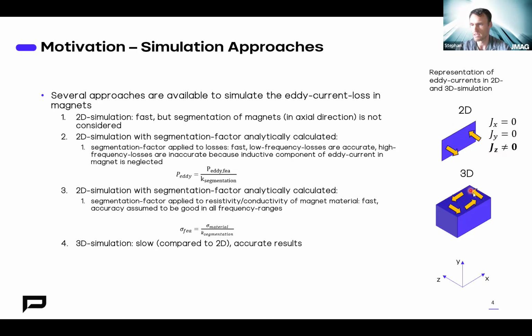So it represents the axial direction, but it can also represent the X and Y direction inside the magnet. And this way, the eddy current in the magnet faces the real resistivity which it would also face in a real machine.